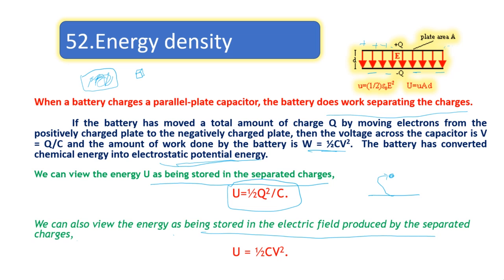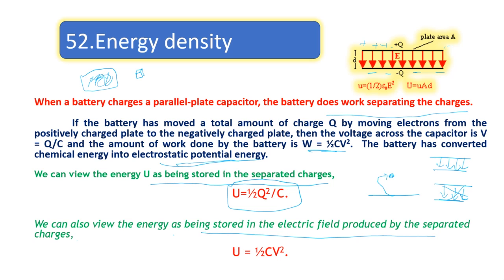This is another way: whenever the capacitor is uncharged, there is no field inside, but whenever it is charged, there will be a uniform field inside the capacitor. Therefore, whether that energy is stored in the charges or in the field, we don't know.